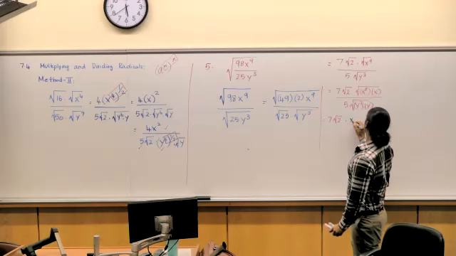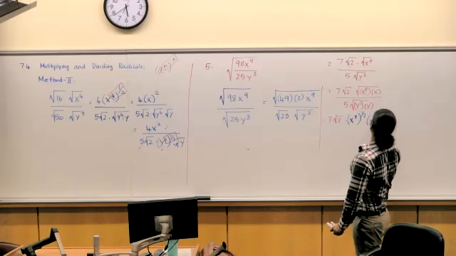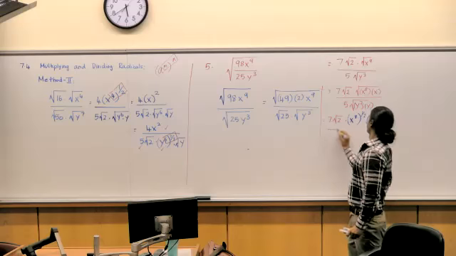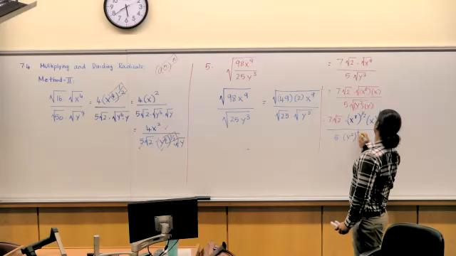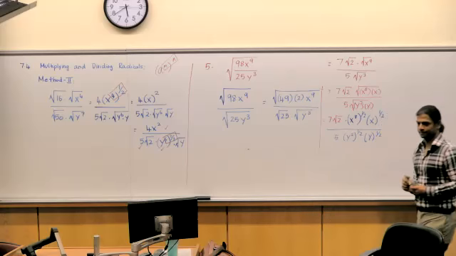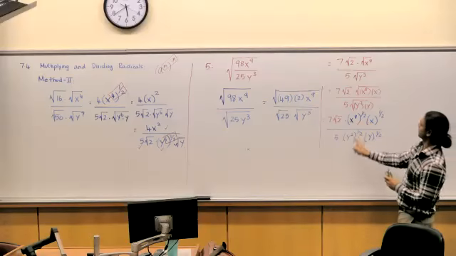So x raised 8 raised 1/2, x raised 1/2, 5, y squared raised 1/2, y raised 1/2. Yes, what do we do with those two?